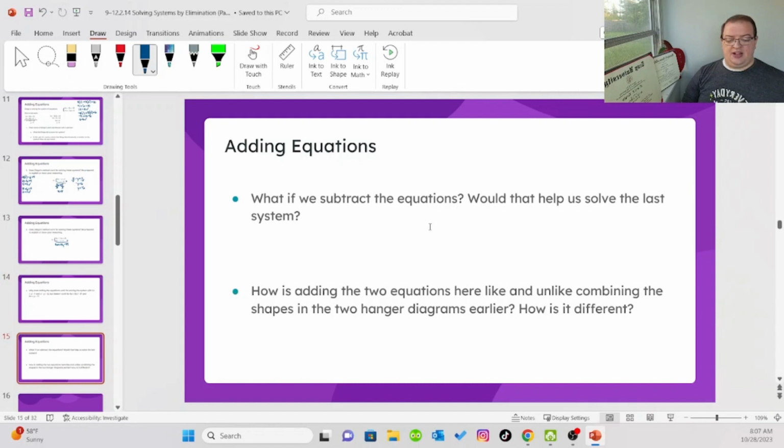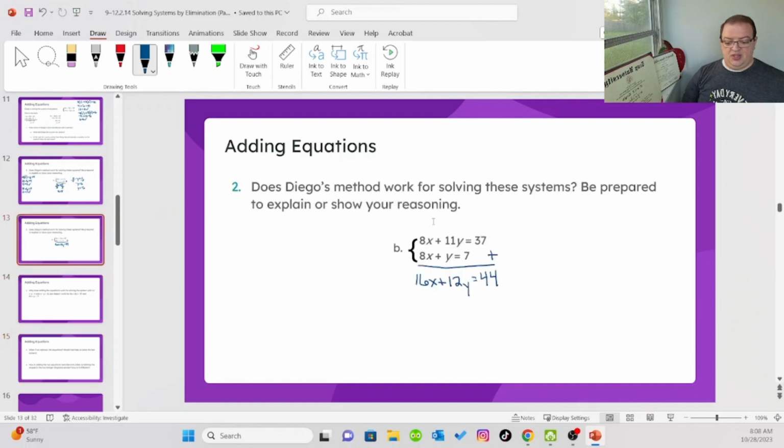What if we subtract the equations? Would that help us solve the last system? So if we go back, and instead of addition, we try subtraction, now I would have 8x minus 8x is 0, so my x's go away. 11y minus y becomes 10y, and 37 minus 7 equals 30.